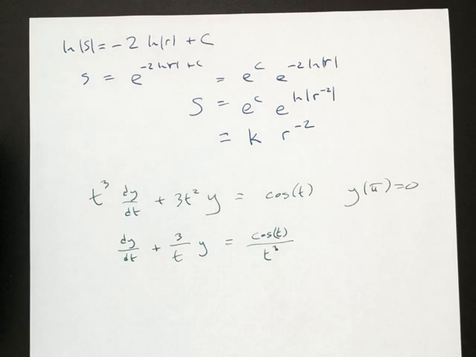Now, I apologize in advance, because this is linear, y prime plus p of t times y equals q of t. So I need an integrating factor. What's my integrating factor?